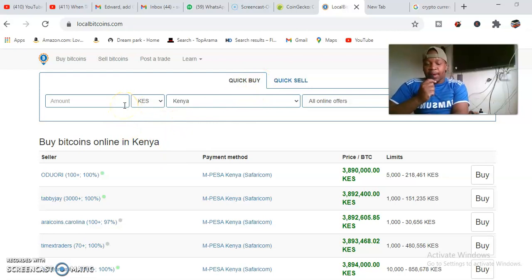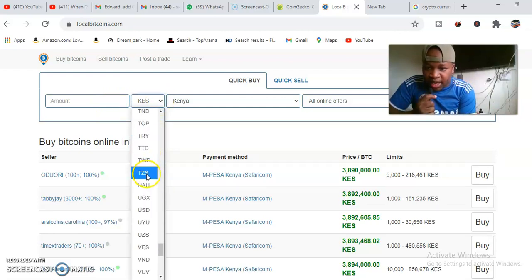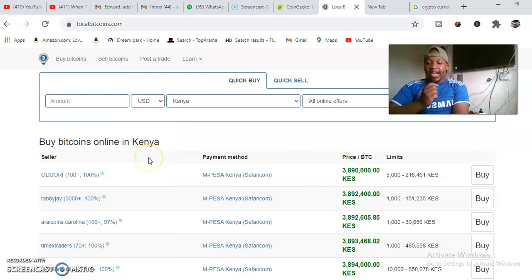Maybe you can filter them by amount, say the person who has this amount is the one I want to sell to me. Also, we can filter by currency. I can say for myself, I only want guys who are selling for US dollars.